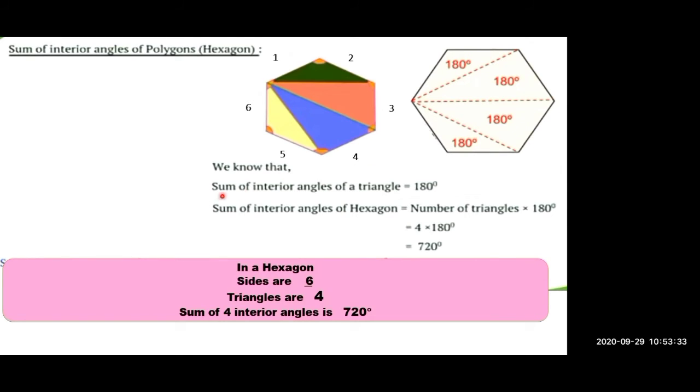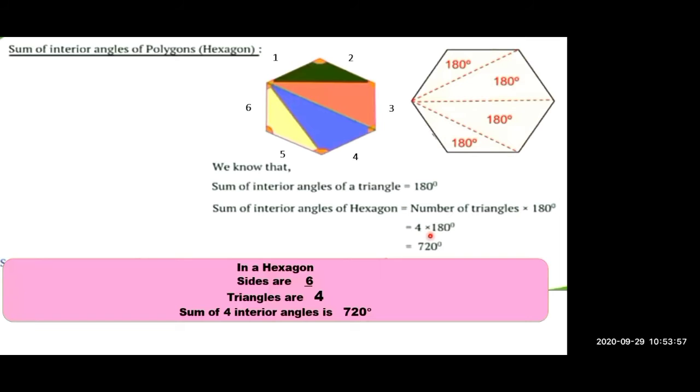We know that sum of interior angles of a triangle equals 180 degrees. So sum of interior angles of hexagon equals number of triangles into 180 degrees, that is 4 into 180 degrees. Number of triangles are 4 in hexagon.